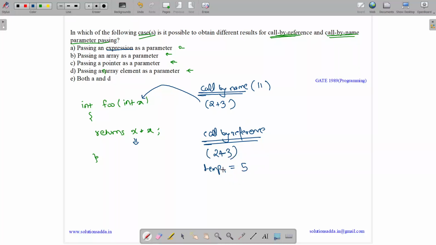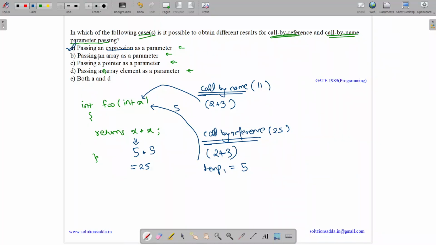So it will store 5 in this temporary variable and pass this variable over here. So x will get 5, so we will get 25. So call by reference will give 25 and call by name will give 11. So here both the answers will be different if we are passing an expression as a parameter.